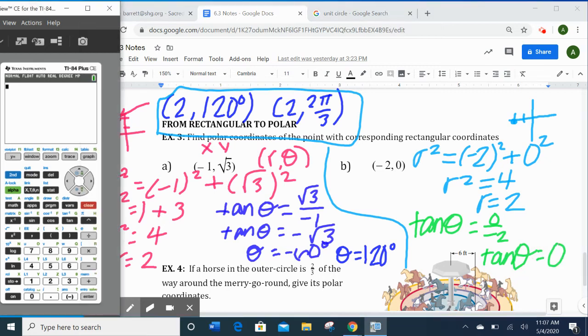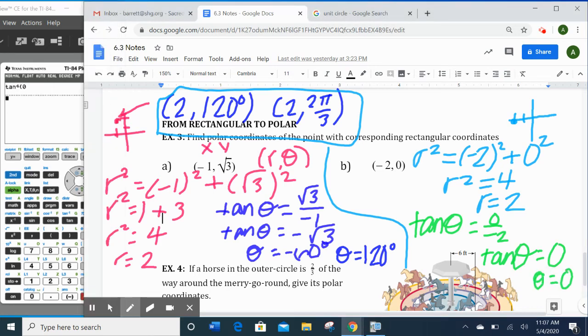So here's where you have to be careful, because if I take tangent inverse of 0, I get 0. And so what that would tell me is that theta is 0. Now let's think about that. The point 2 comma 0 in polar coordinates would mean that I go out to the right 2 units and I don't rotate anywhere.